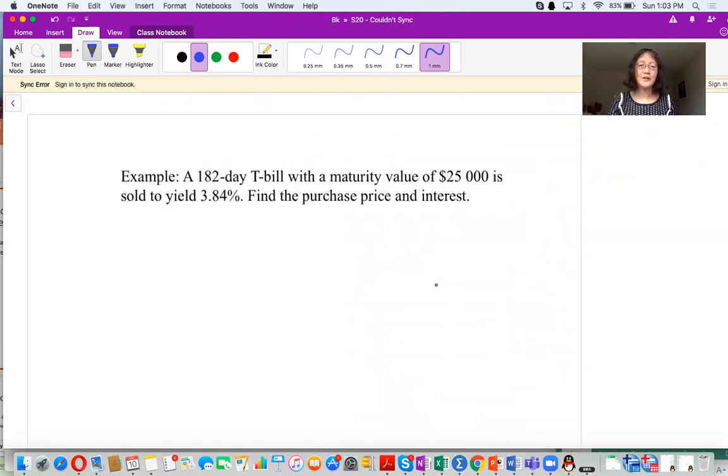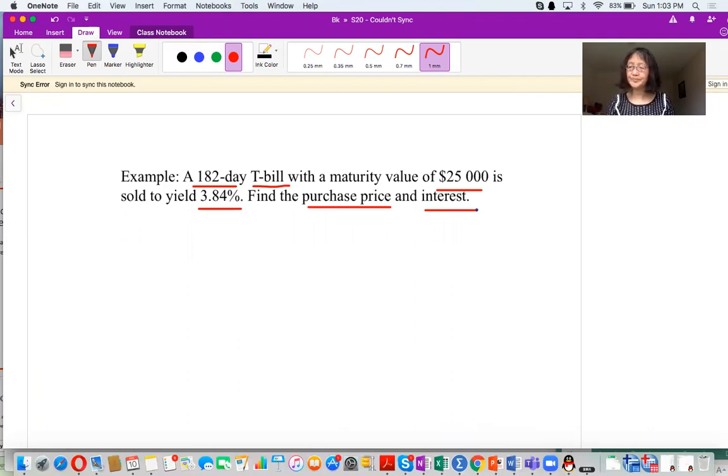Next example, Treasury bills. A 182-day Treasury bill with a maturity value of 25,000 is sold to yield 3.85%. Find the purchase price and interest.